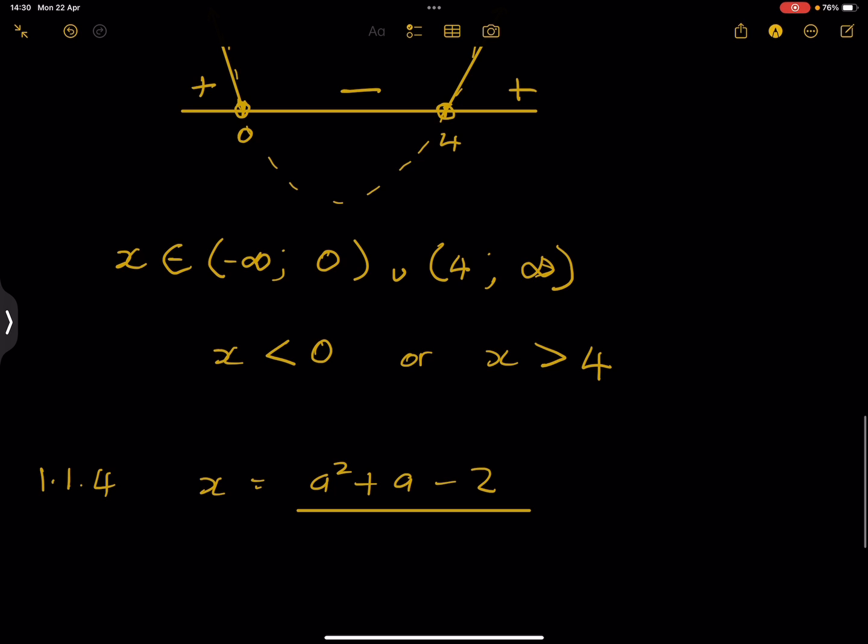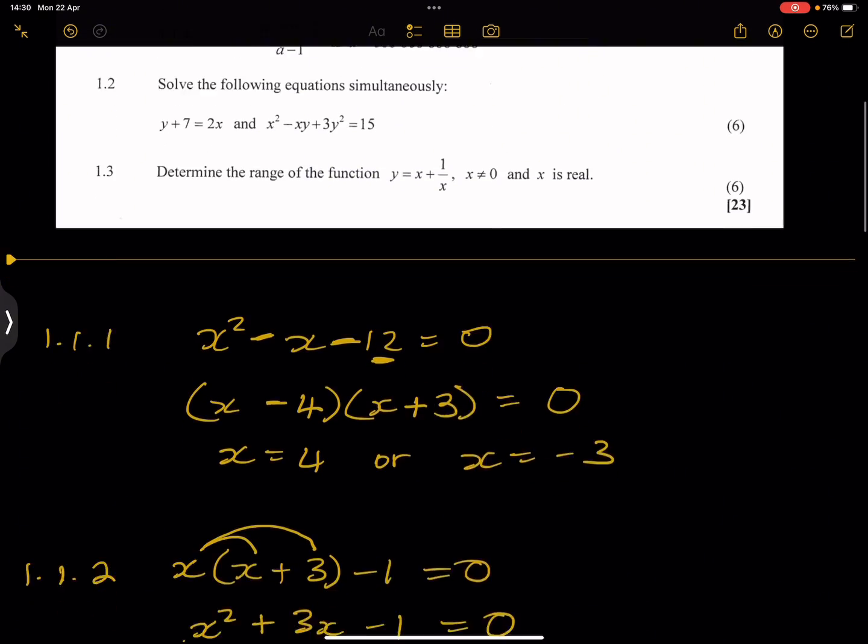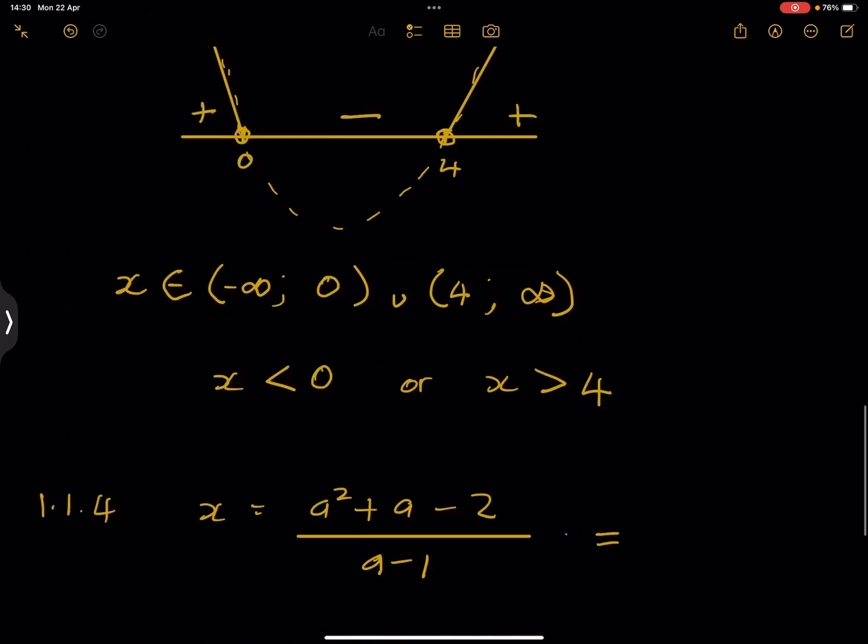And they said it gives us that entire thing over that side, which is, they say a is, okay, those sets of 8 there.